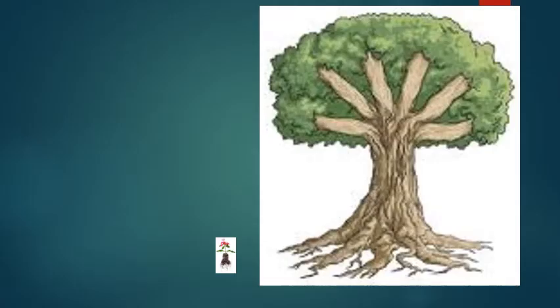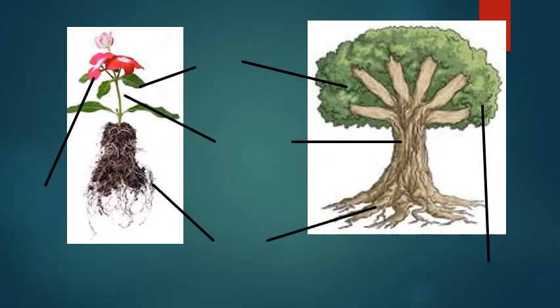Right, before we move on to your next one, I just wanted to put these two pictures together because trees are so much bigger than flowers. So I've just put these two pictures next to each other just so you can see how much larger the tree plant is to the flower plant, because on your next slide I have made them the same size.